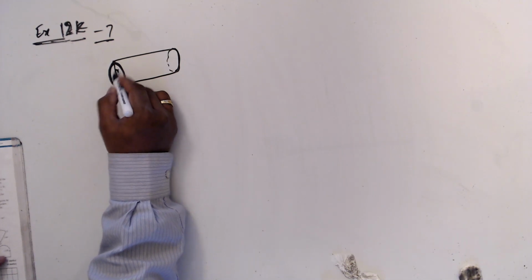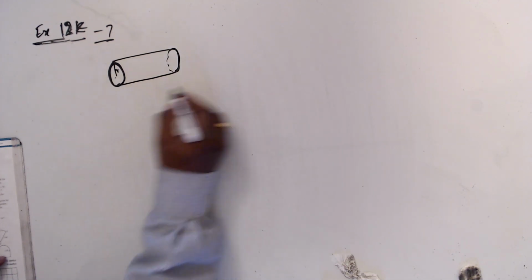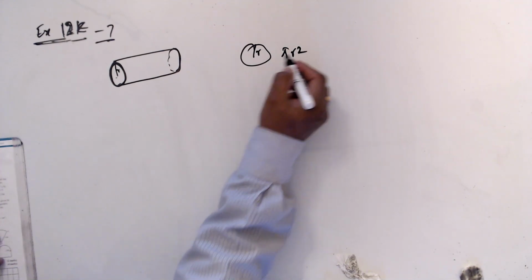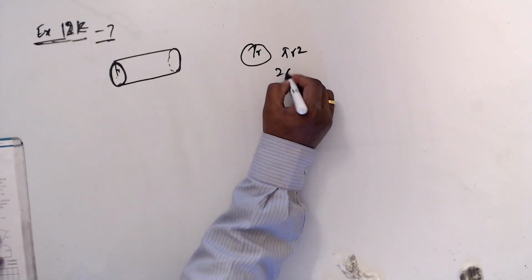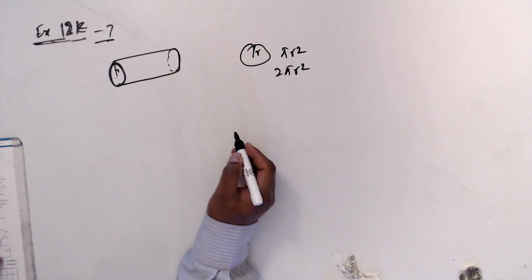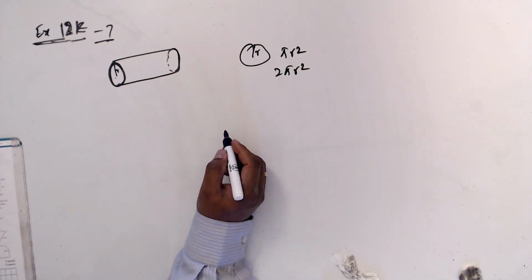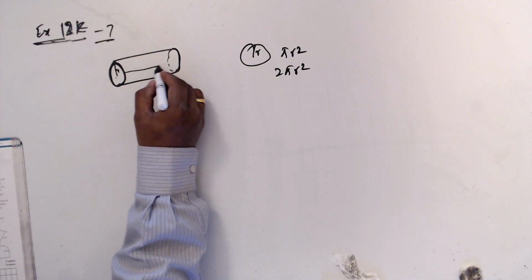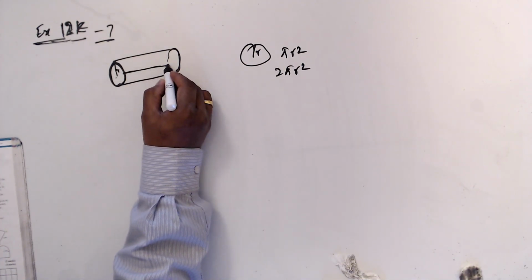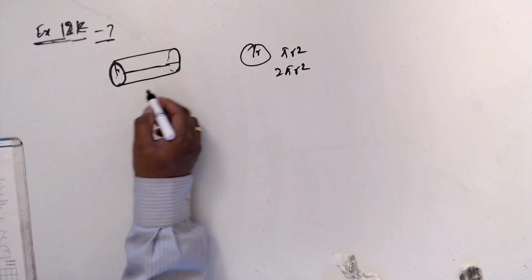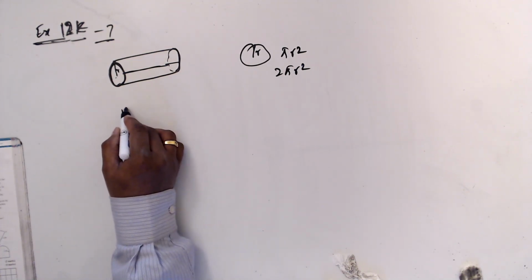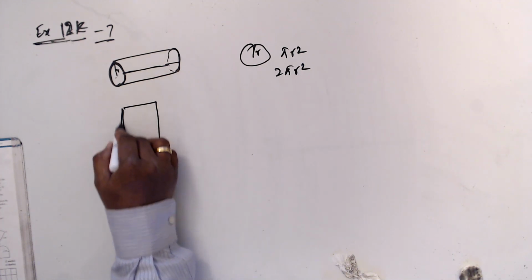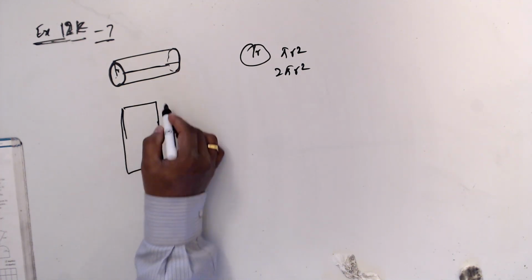What is the area of a circle with radius r? Pi r squared. So there are two sides, so 2 pi r squared. Now, if you cut this cylinder from here to here and open it, it's going to be a rectangle.